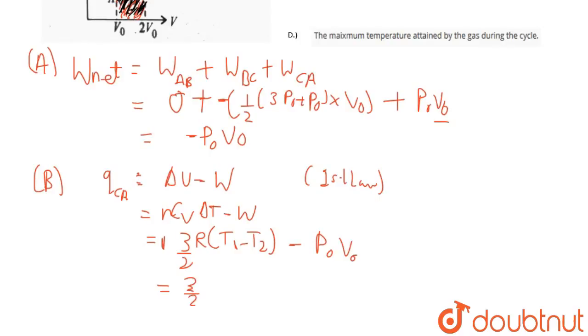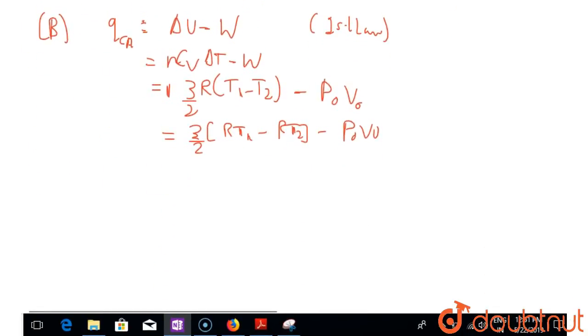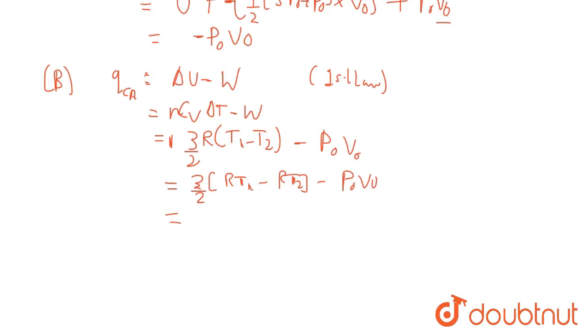So 3 by 2 RT1 minus RT2 minus P naught V naught, and RT1 can be written as P1 V1 by 1, that is mole is 1, minus P2 V2 minus P0 V0.